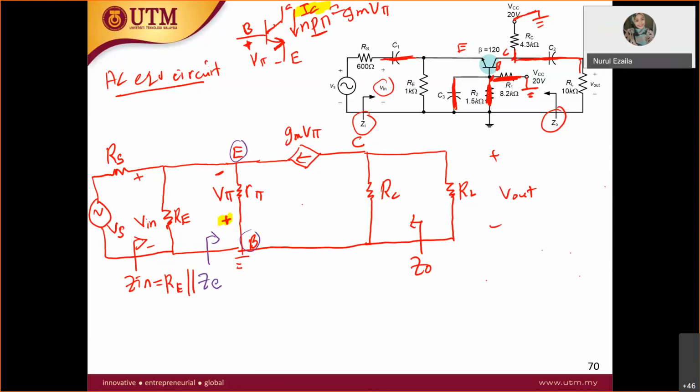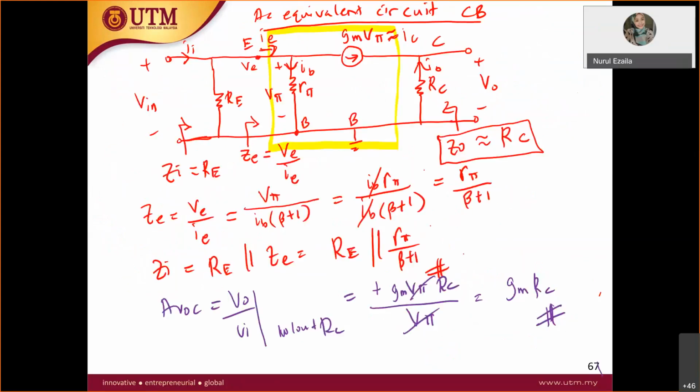ZE here is equal to VE over IE. ZE is according to this node, from this node to the ground.